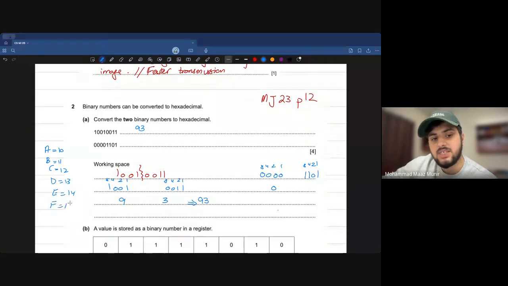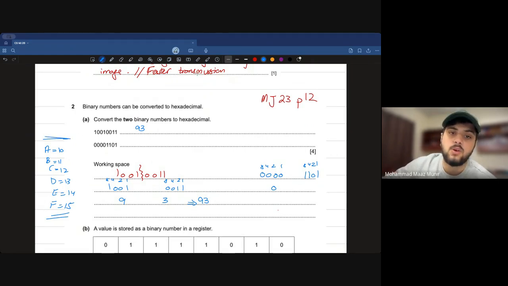I always emphasize that whenever you're writing a hexadecimal answer, always make this table, even if you're fully sure, because I used to mess up the D and C values. So it's really important you make this table and see that 8 plus 4 is 12 plus 1 is 13. So I'm going to write D. So the answer to the second part is 0D. Yes, exactly. 0D. Perfect, everybody.